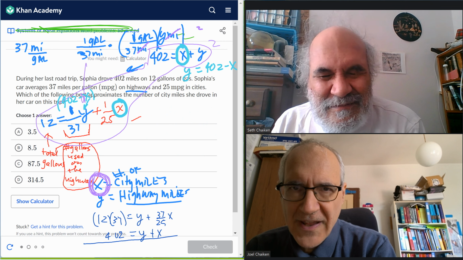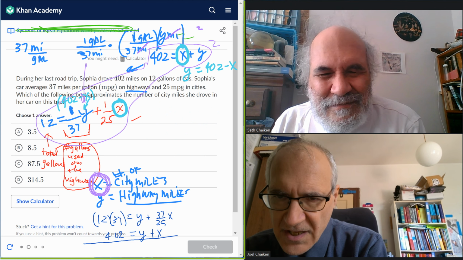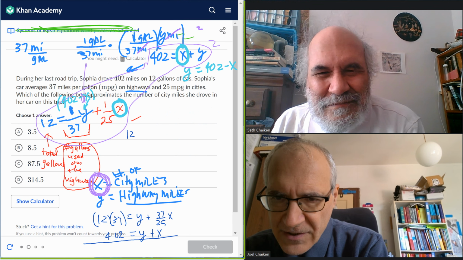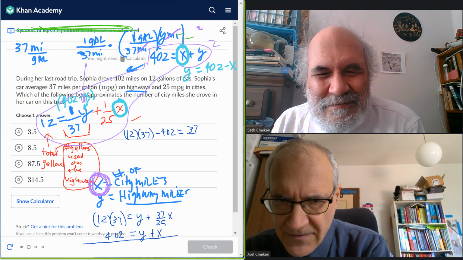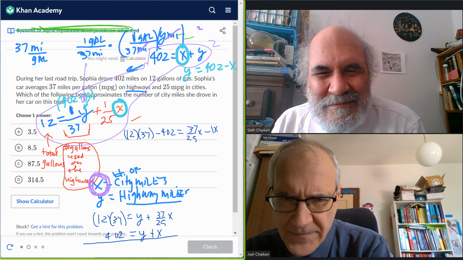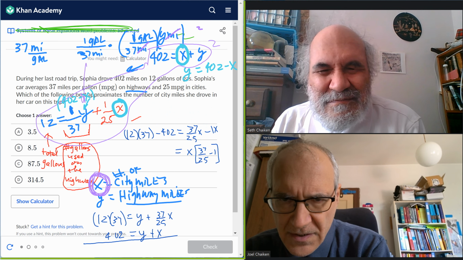And notice that I'm not in a rush to get the answer. I'm going to leave it as 12 times 37 minus 402 is equal to 37 over 25x minus 1x, or x times (37 over 25 minus 1).